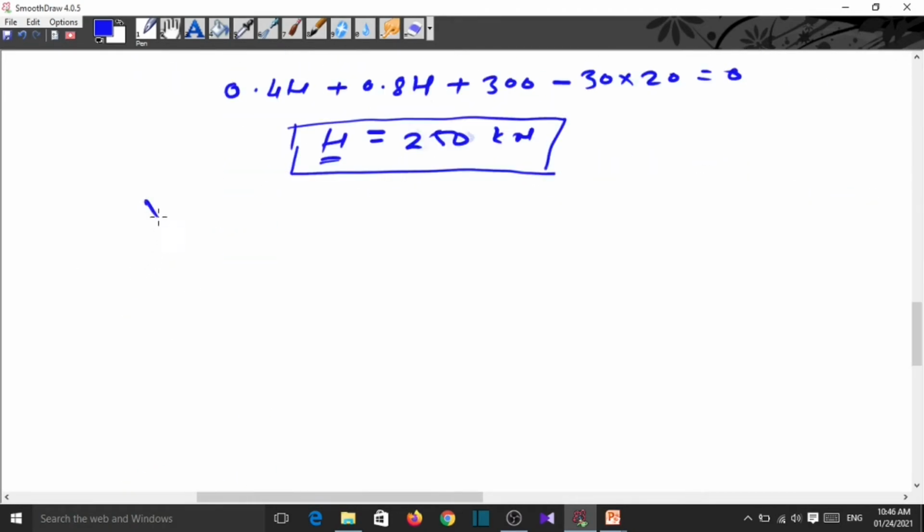We can say that VA is equal to 0.4 into 250, so that is equal to 100.